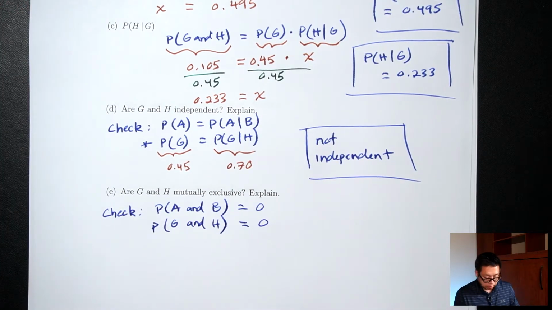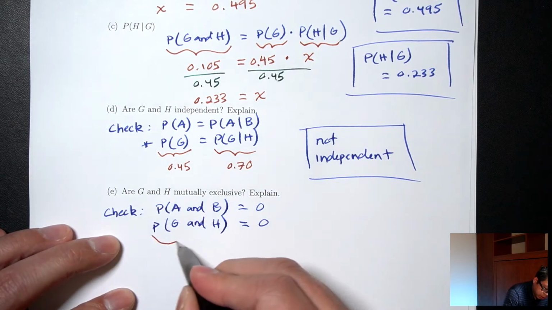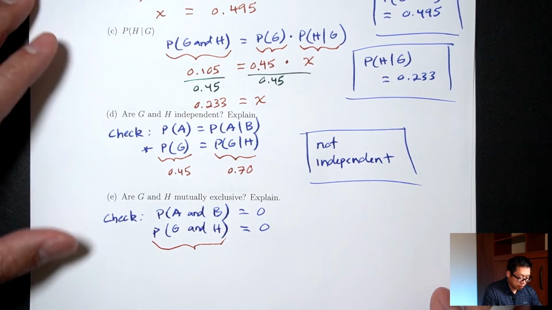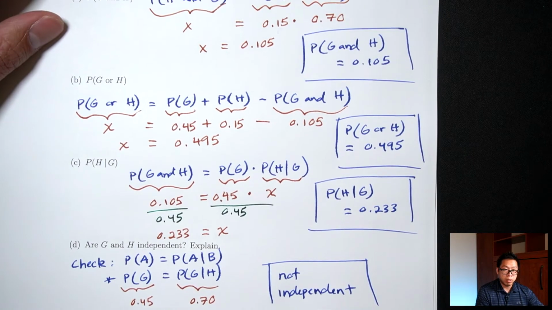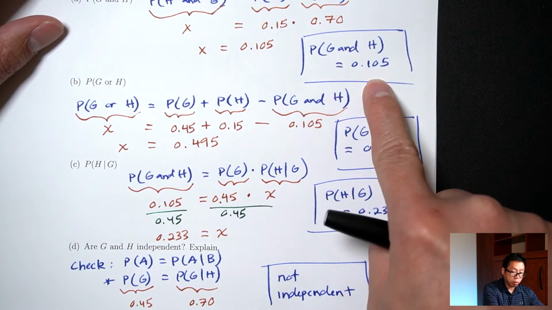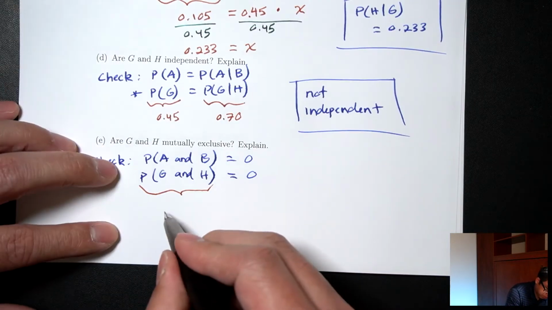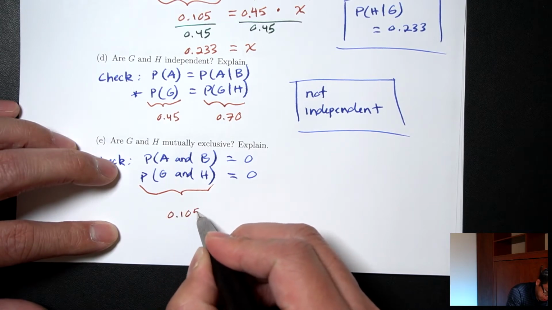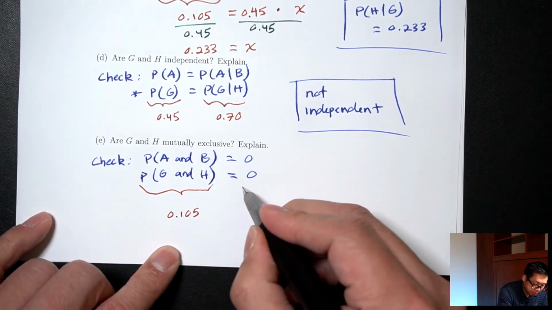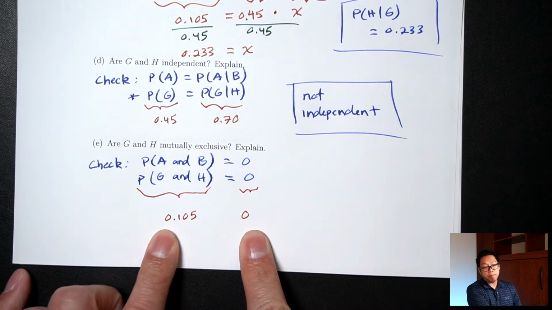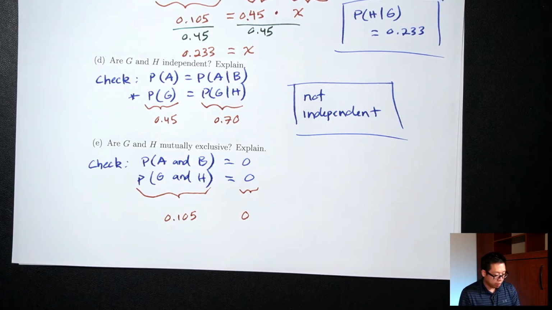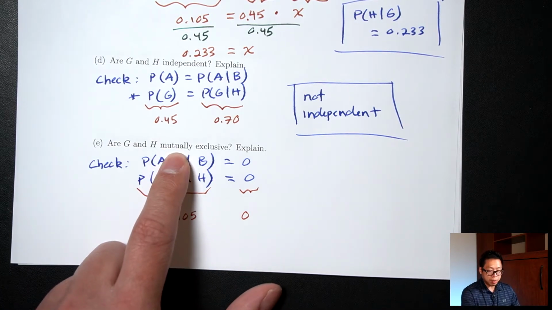Check left, check right. Left side, P of G and H. That's something we've already done. There it is, G and H is 0.105. The right side is just 0. Are those equal? No, they're not. So to answer the question, it's not mutually exclusive.